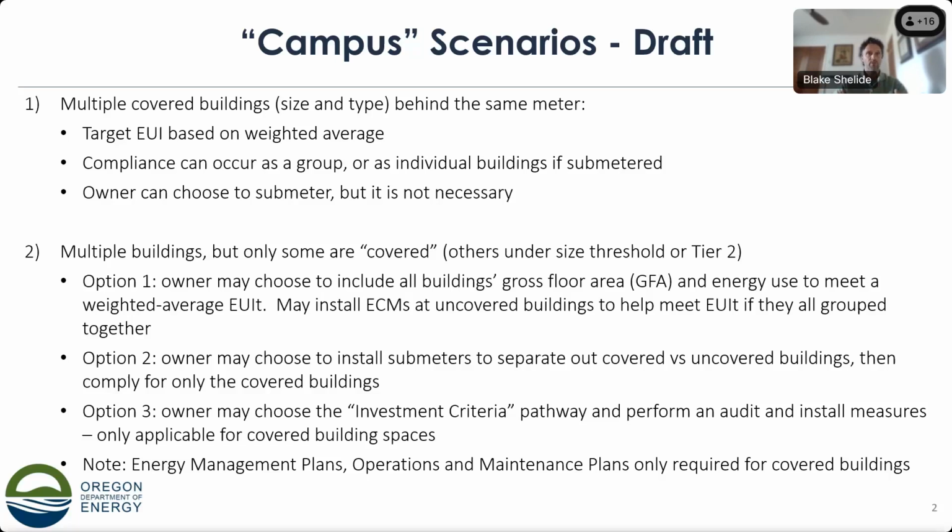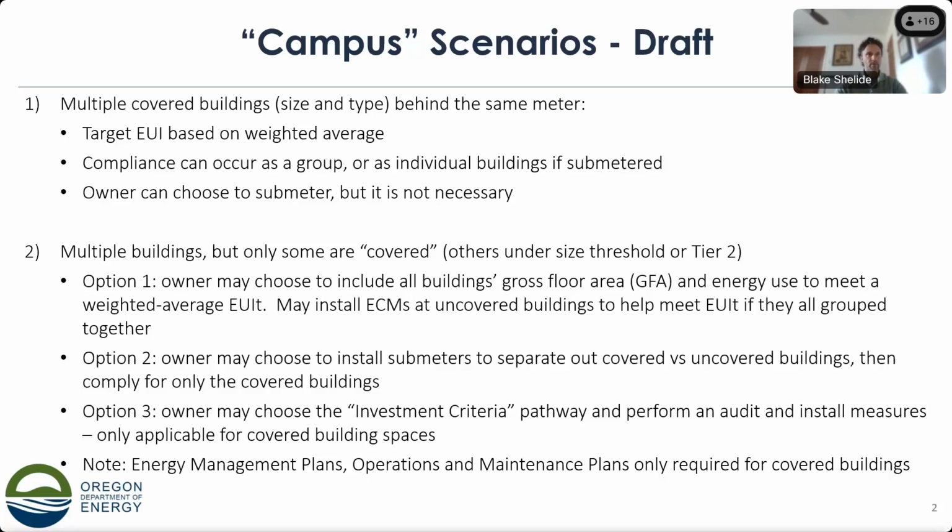They could install multiple energy conservation measures at uncovered and covered buildings to meet that EUI target if they're all grouped together. So essentially treating it as one building, but keying on the one covered building as its primary compliance schedule and pathway.